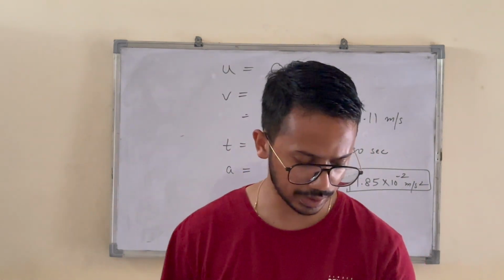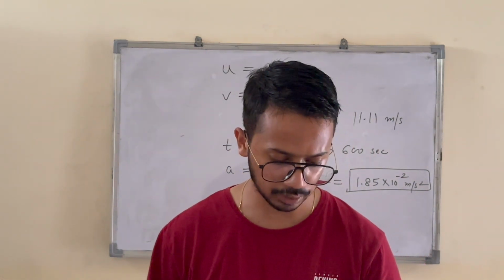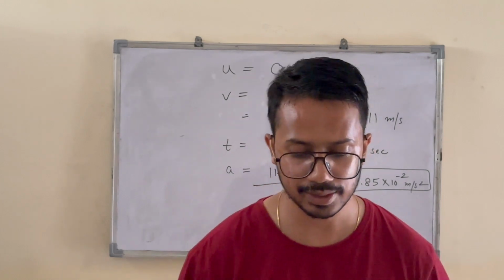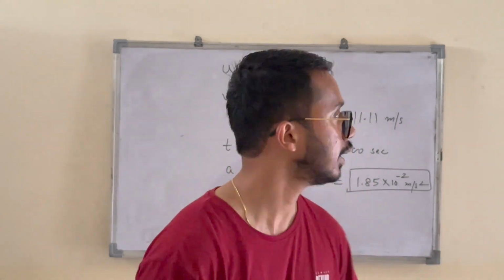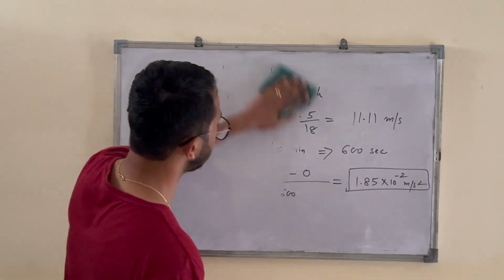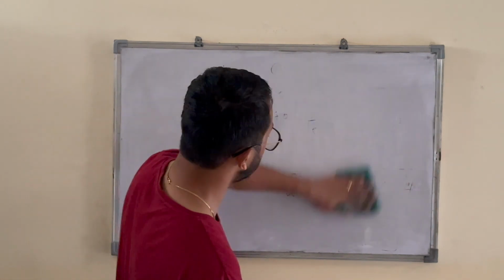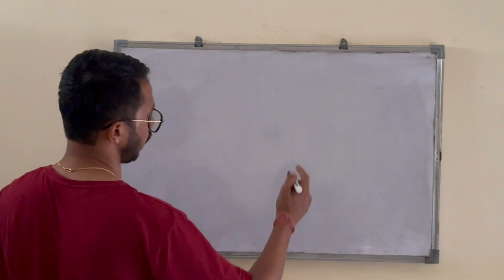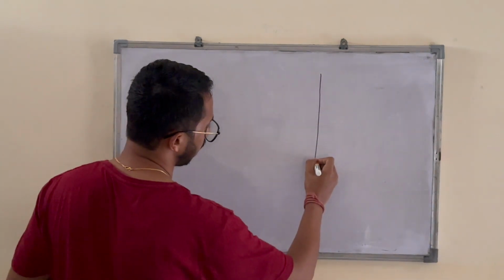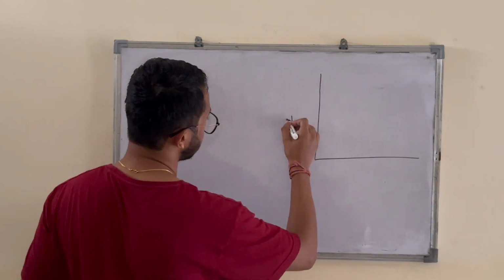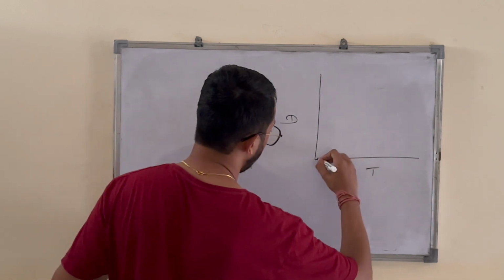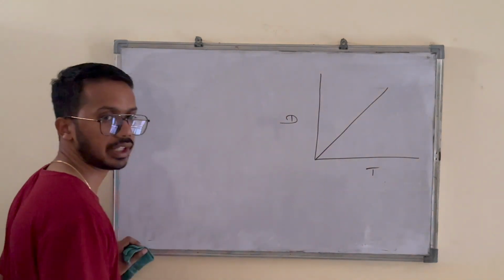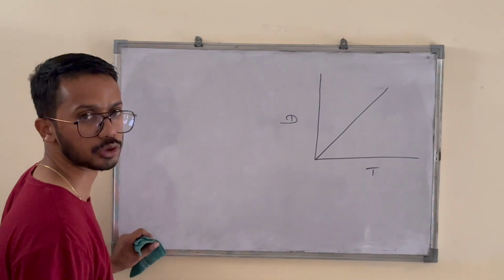What is the nature of the distance time graph for uniform and non-uniform motion? The difference is about how the curve is drawn. When the object is in uniform motion, the curve will be a straight line. So this is your distance, this is your time, and this straight line represents uniform motion.